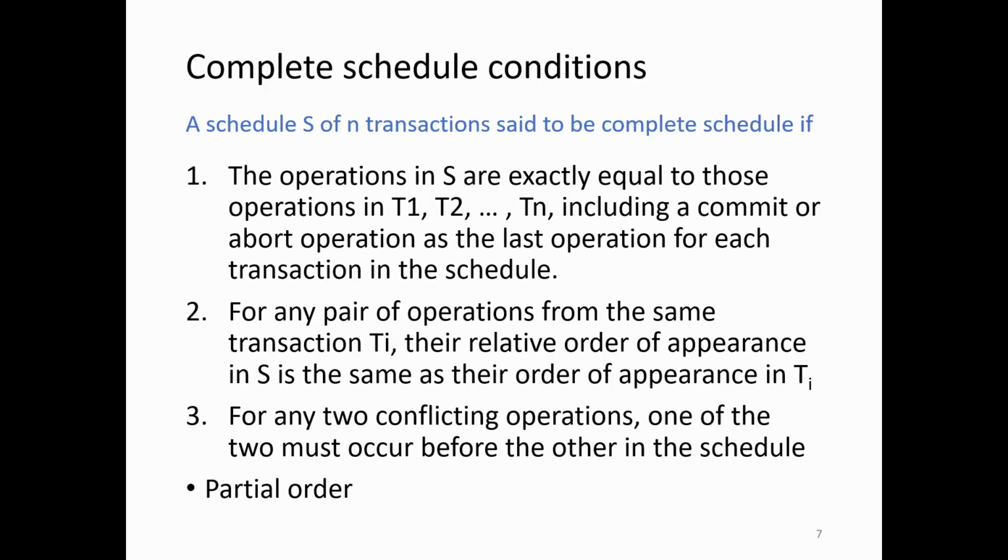Likewise, if these two are conflicting operations, we don't need to mention the order of operations, so we call it a partial order. So these are the three conditions for a complete schedule.